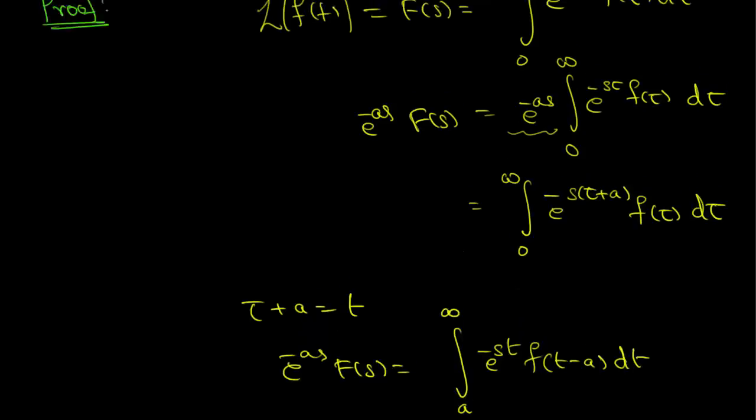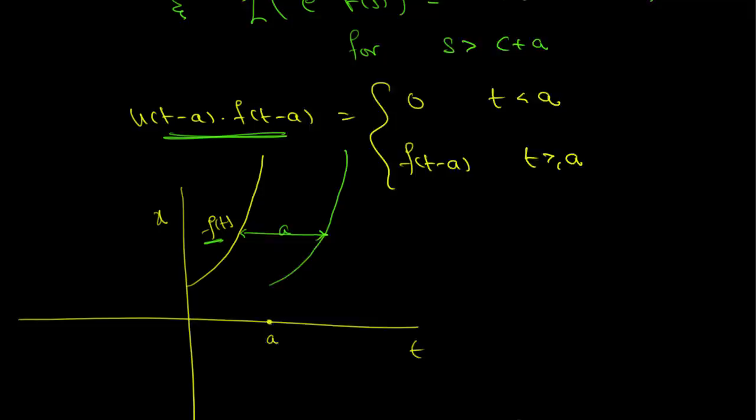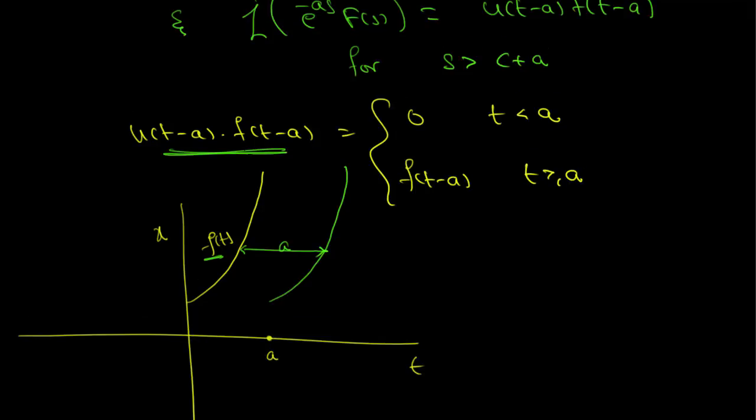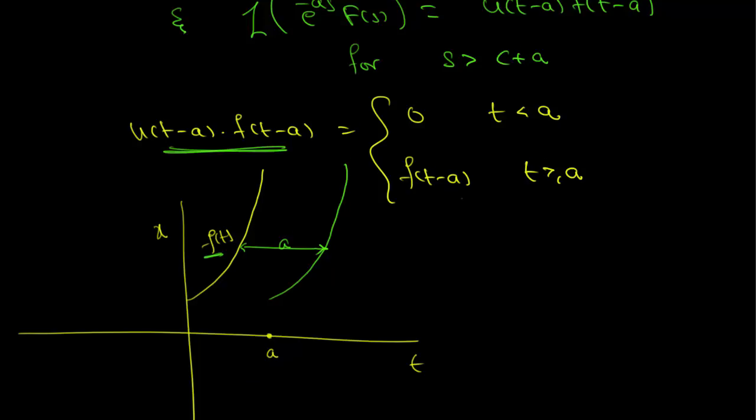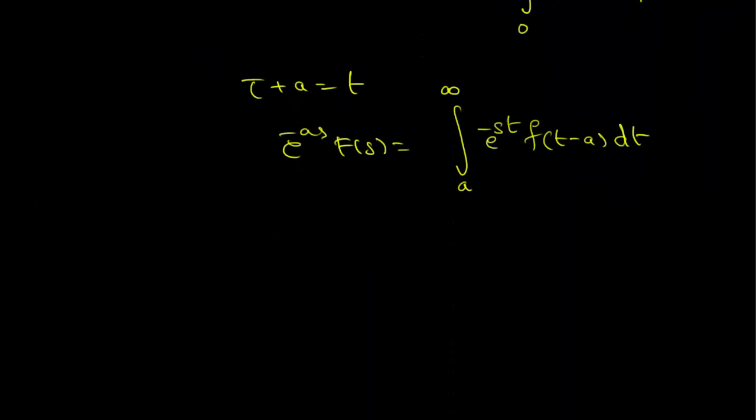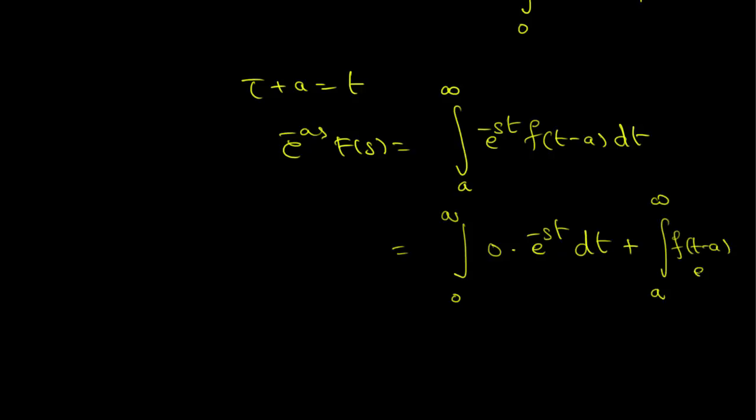But if we go back and look at the function u(t minus a) times f(t minus a), this is actually equal to f(t minus a) for t greater than or equal to a. So we can write this as equal to the integral 0 to a of 0 times e to the power of minus st dt plus the integral a to infinity of f(t minus a) e to the power of minus st dt.